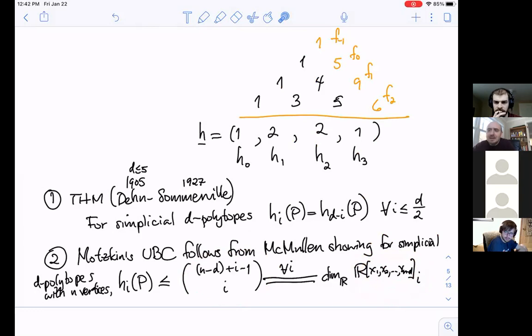So this is an exam question that I often ask students. It's some kind of version of balls into boxes. Again, the fact that this is the biggest any ring that's generated by n minus d elements can get in degree i, that's the way that we're going to show this inequality.